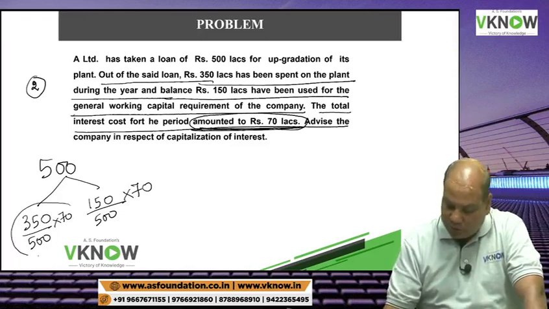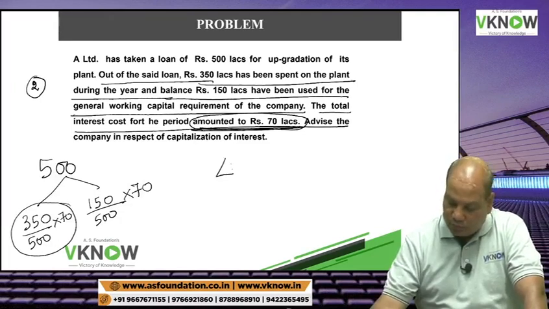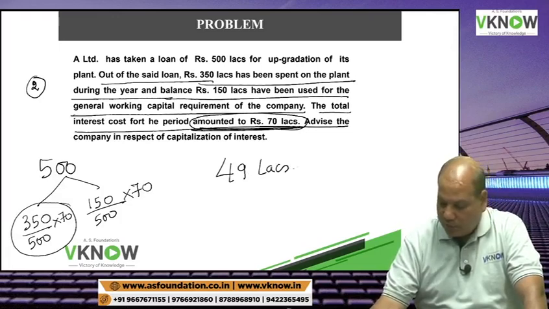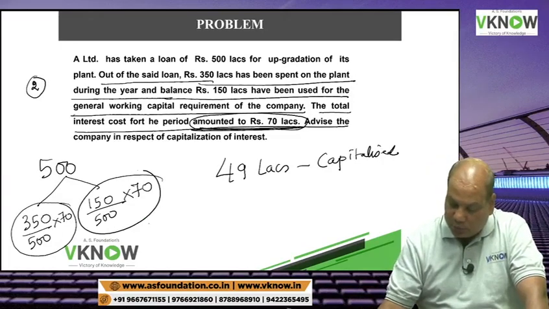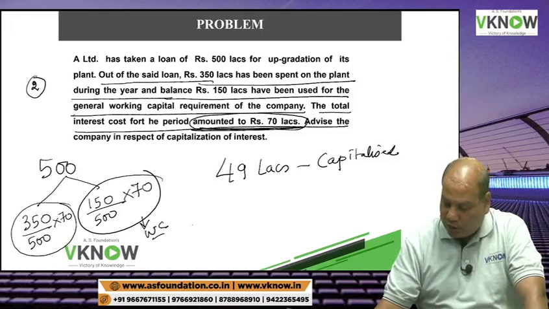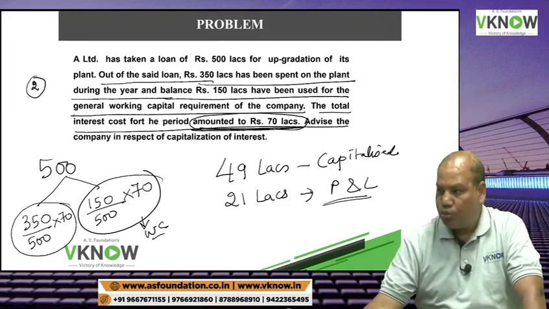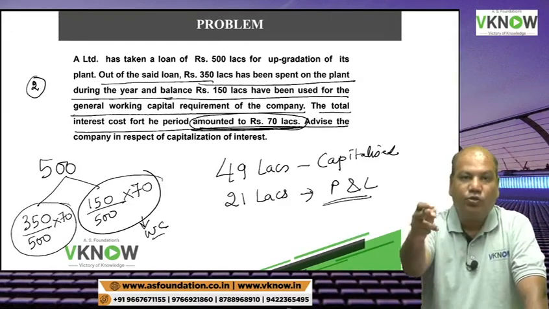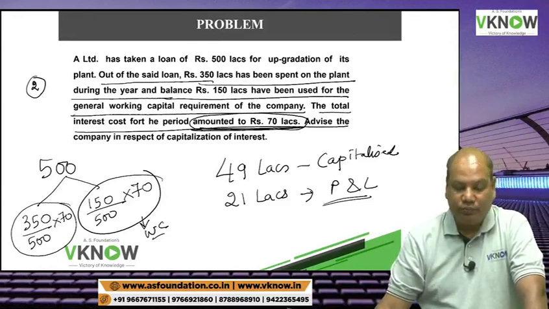So please tell me, 350 divided by 500 into 70 is how much? 49 lakh. 49 lakh can be capitalized. But the portion which is for working capital, this comes to 21 lakhs, will be charged to profit and loss account.